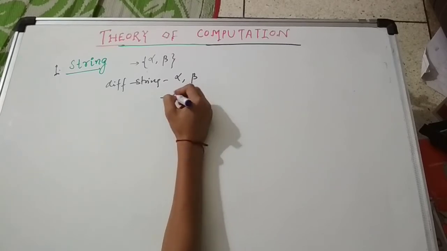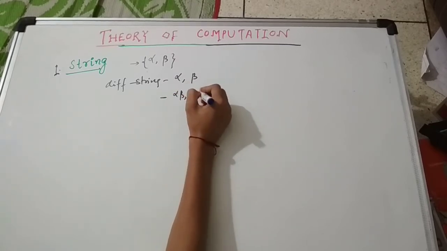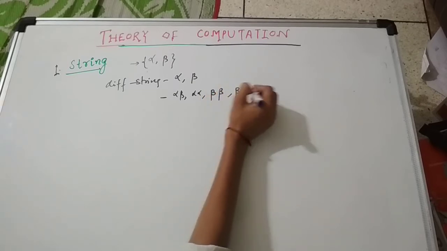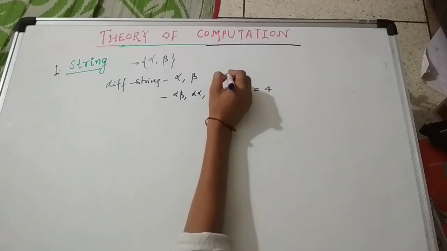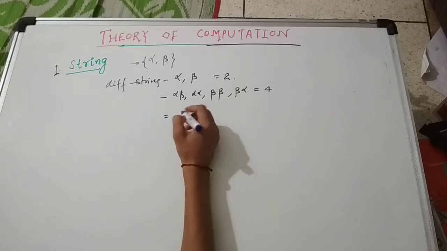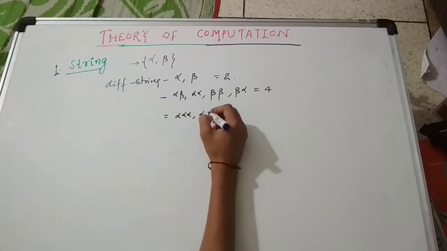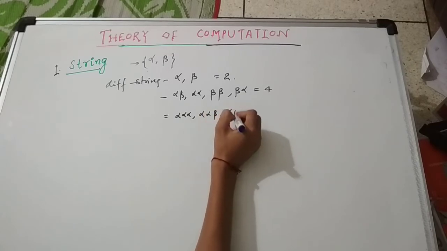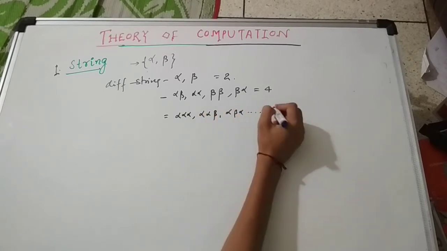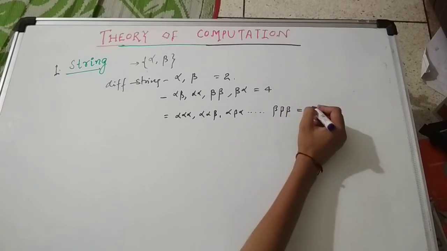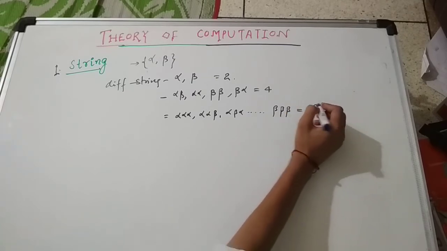Of length 2, we have alpha beta, alpha alpha, beta beta, and beta alpha. That means 4. Similarly, of length 3, we will have alpha alpha alpha, alpha alpha beta, alpha beta alpha, beta beta beta, till we have 8 different strings.